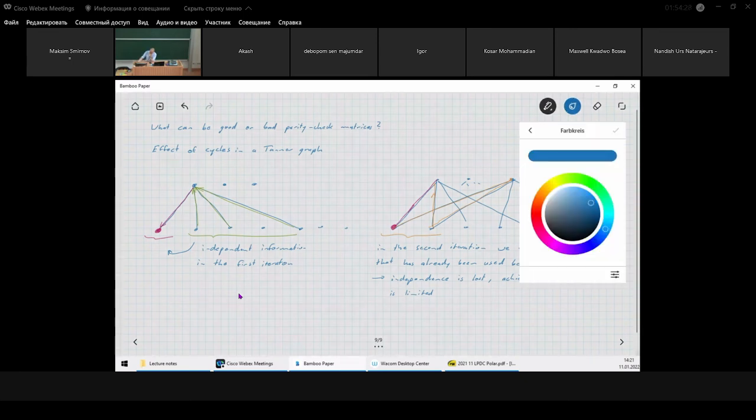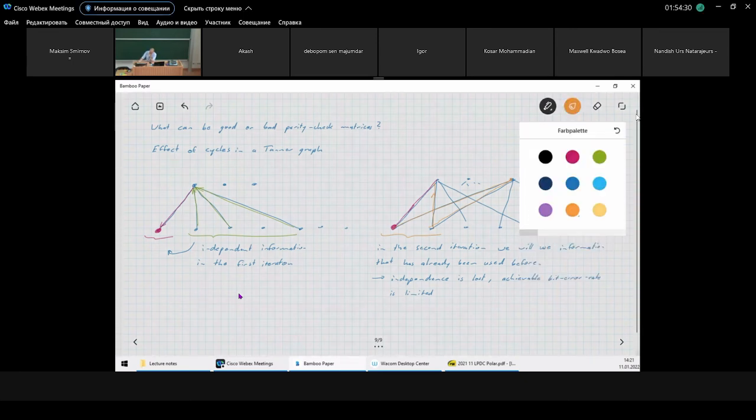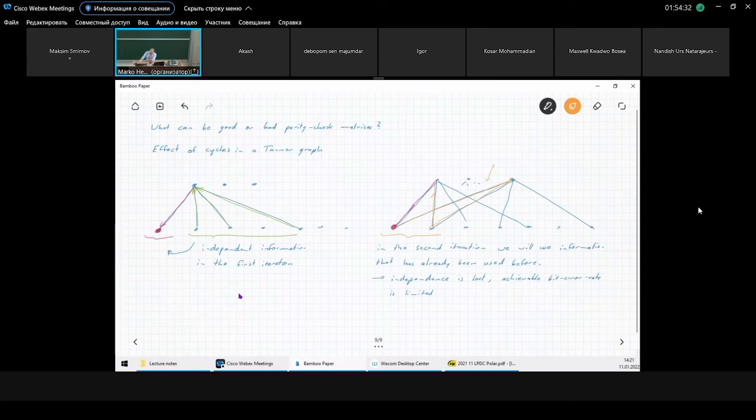So this would be a so-called cycle of length 4 in our case. So 1, 2, 3, 4. I'm back at the origin. Cycle 4.